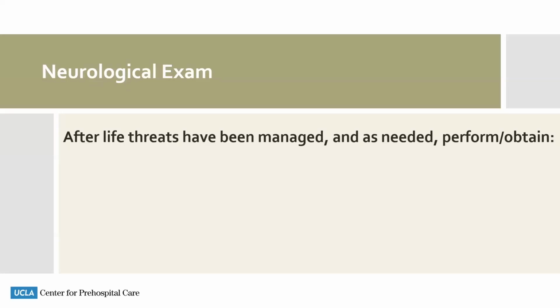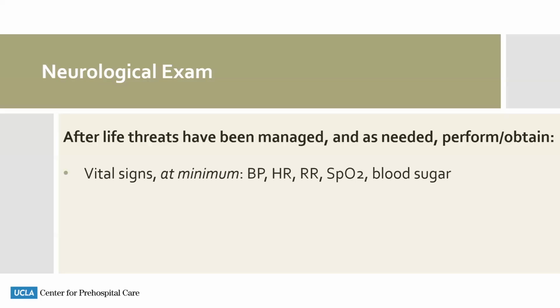Your neuro exam, after your airway, breathing, circulation, we're going to start getting vital signs, okay? Pulse ox is going to be important. And the blood sugar is very important. Now, that's a necessity.